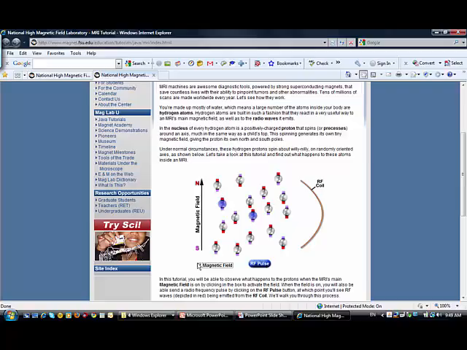Ideally, you expect the same number of magnets or protons to align along the external applied magnetic field as the ones that align opposite to it.